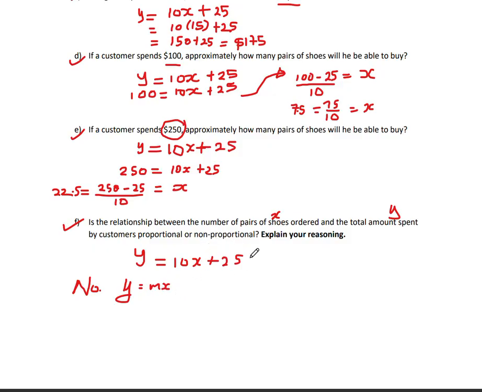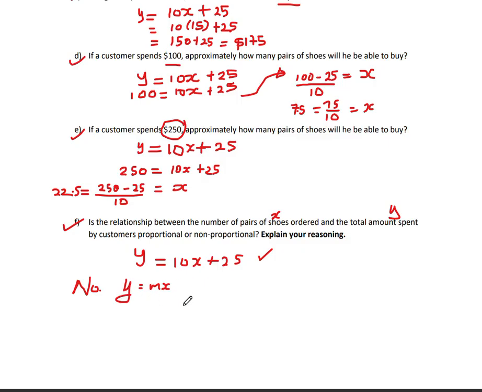But the y-intercept is not 0 in this case. The y-intercept is a non-zero value, which is 25. So because the y-intercept is a non-zero value, the equation does not take the form y equal mx, so it's not proportional. That would be the reasoning.